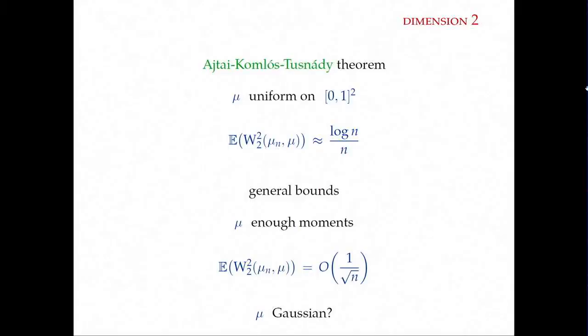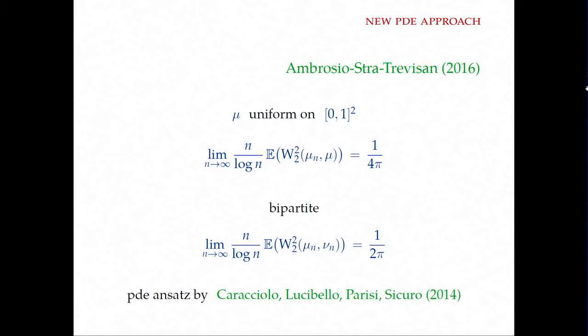So the purpose here is to try to understand this question for more general distributions in dimension 2, and our main target will be simply the Gaussian distribution. And in order to investigate this question, we will rely on a recent result that Yuval already mentioned this morning, which is due to Ambrosio, Stra, and Trevisan, who actually not only reproved the AKT theorem, but found the exact limit, 1 over 4 pi.